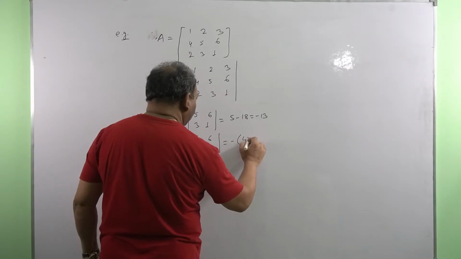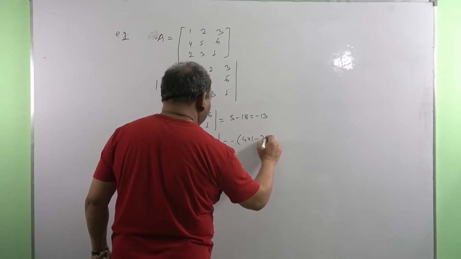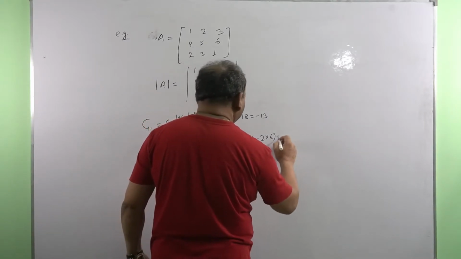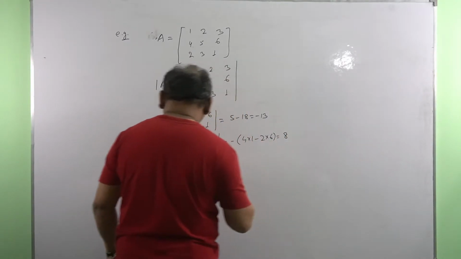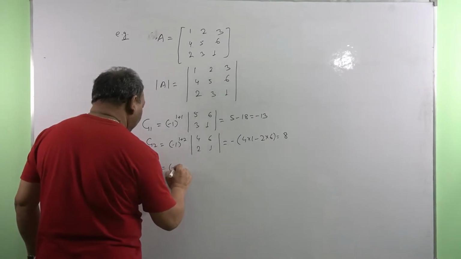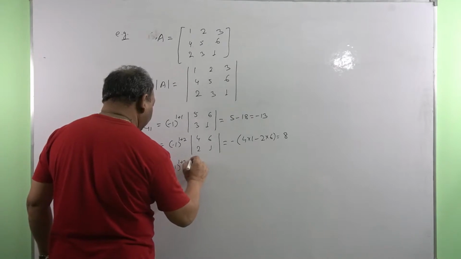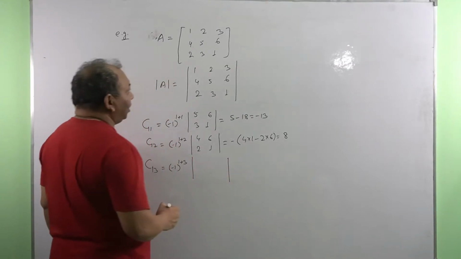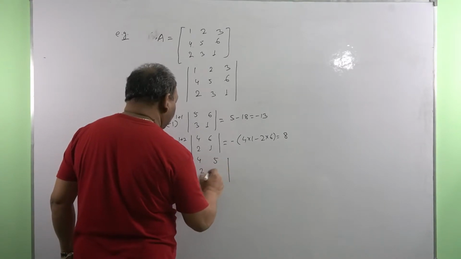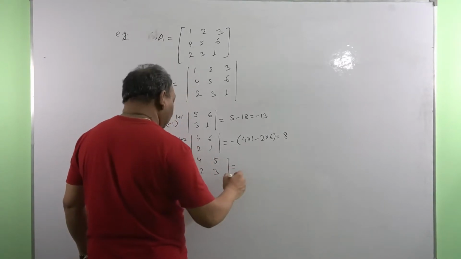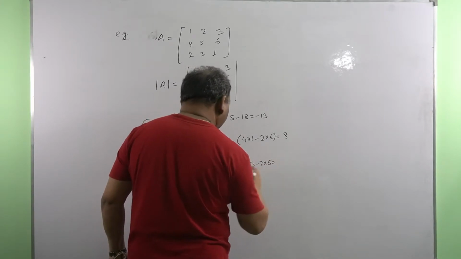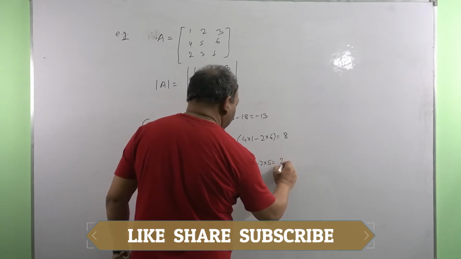Minus of 4 into 1 minus 2 into 6, that is 4 minus 12, minus of minus 8, that is plus 8. C13. Minus 1 raised 1 plus 3, hiding first row, third column, 4, 5, 2, 3. 4 into 3 minus 2 into 5, that is 12 minus 10, 2.